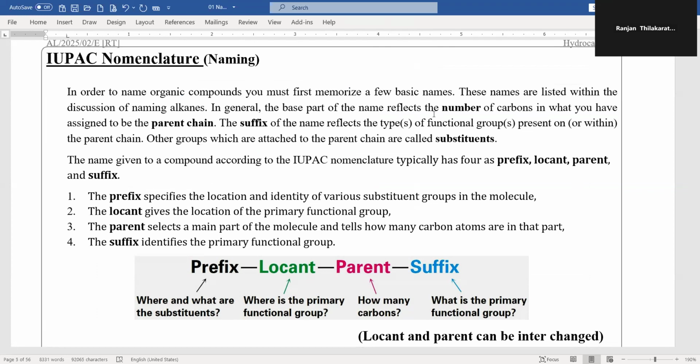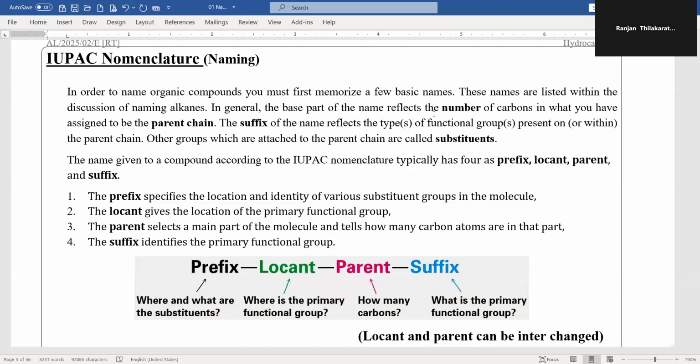That's why we have a systematic naming system. In this case, no need to remember all the millions of compounds. Instead, you need to remember a few rules, maybe less than 10 rules. By remembering less than 10 rules, you can name millions of compounds. See how nice it is.